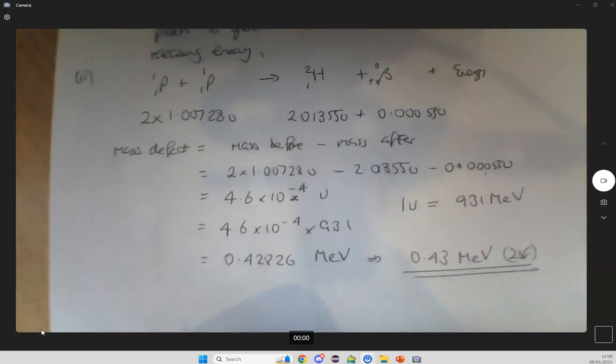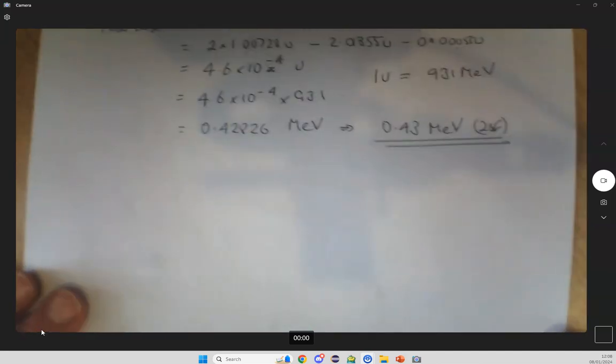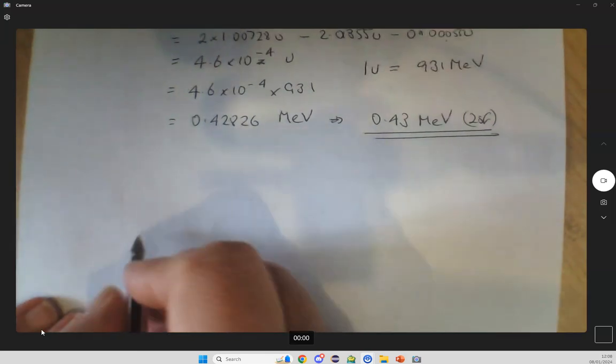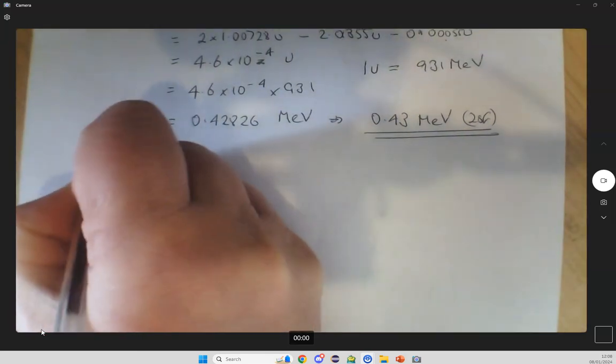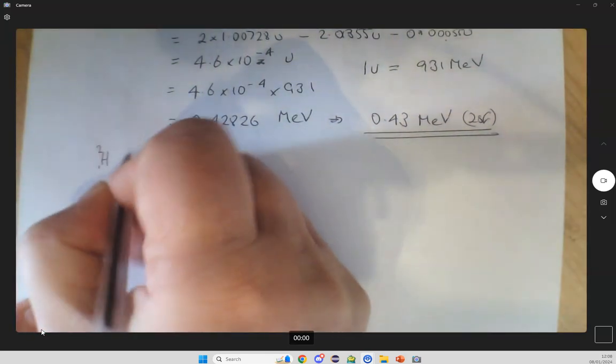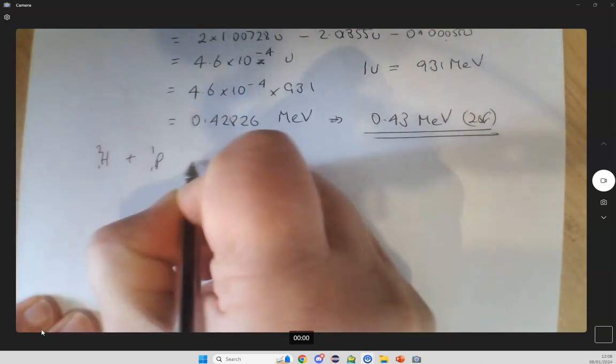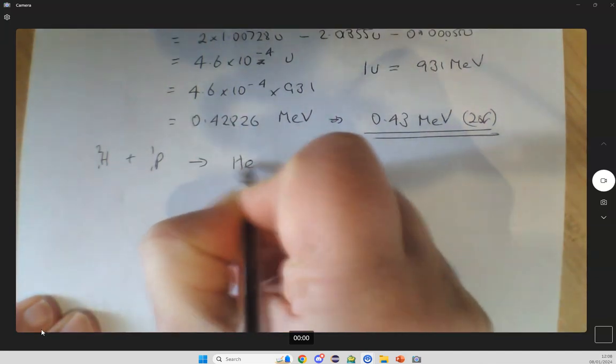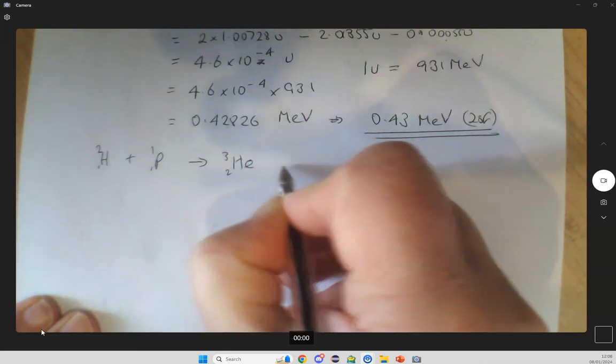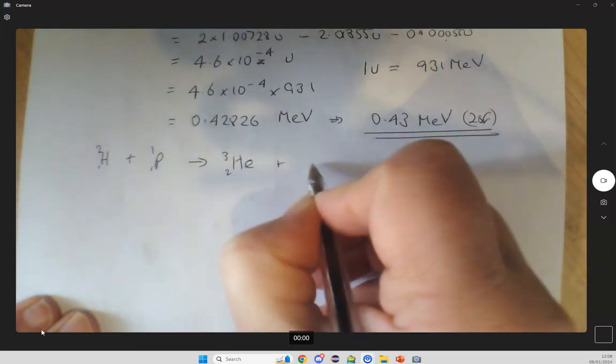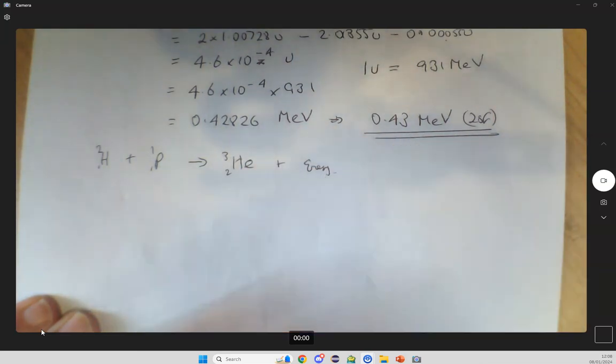The second reaction is deuterium, so hydrogen 2, plus a proton, which is going to give me a helium 3 nucleus plus some energy out.